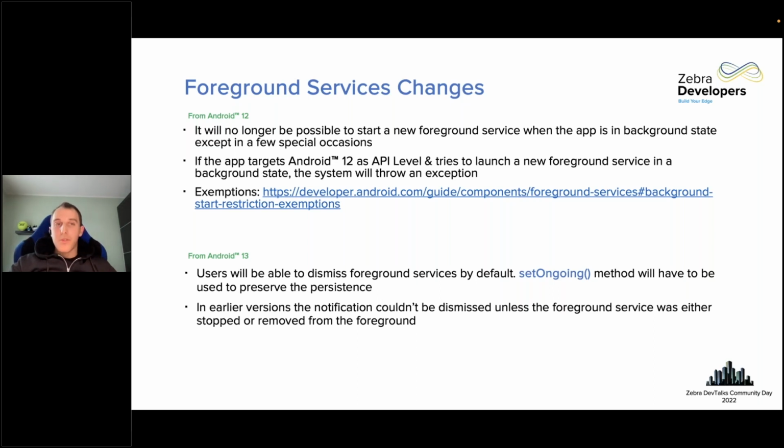And another thing to mention about the foreground services related to notifications is the new notification permission, because you might be wondering, if a user denies this permission, how the foreground services are going to be shown in the notification drawer.